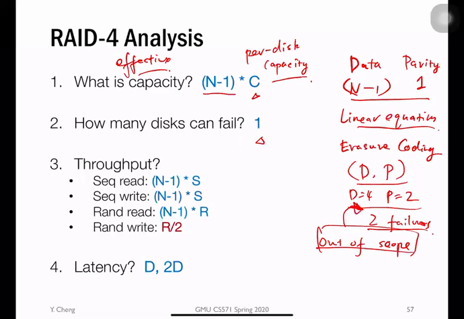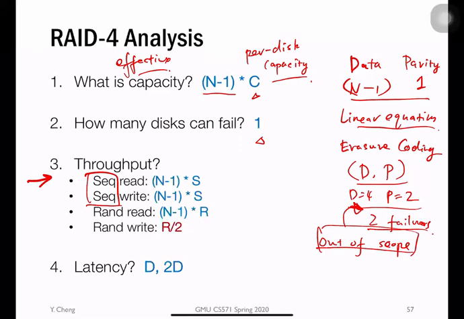So getting to the performance throughput. For the first three, sequential read, sequential write, and random read, is n minus 1 times S or R, right? For sequential ones, it just linearly scans through a large chunk of data.